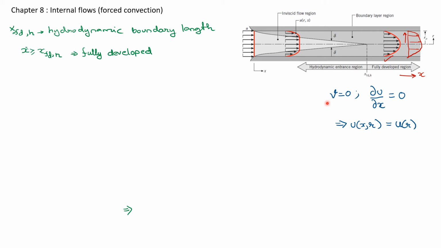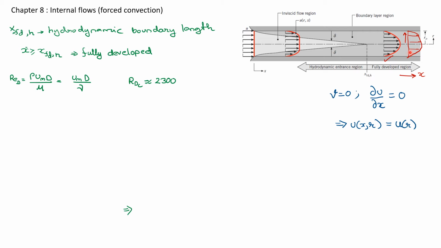And because we are looking at a flow in a single direction, our velocity in the y direction is 0, so we don't have any velocity in the radial direction in this case. We just have velocity in the x direction, the flow is moving in the x direction. But because our velocity in the fully developed region is just a function of r, we can say that du/dx is equal to 0. That means our x velocity is not changing with respect to x.